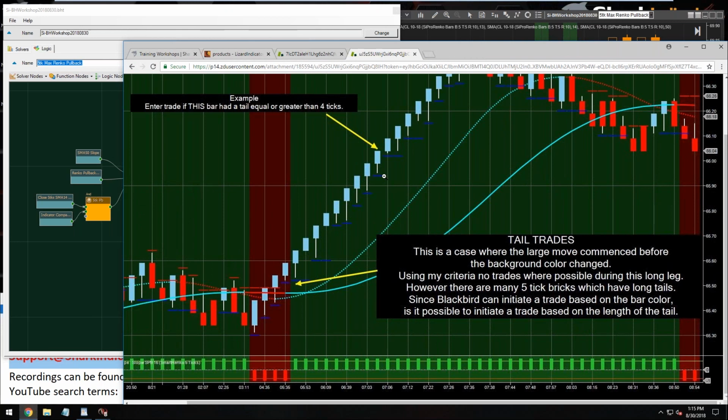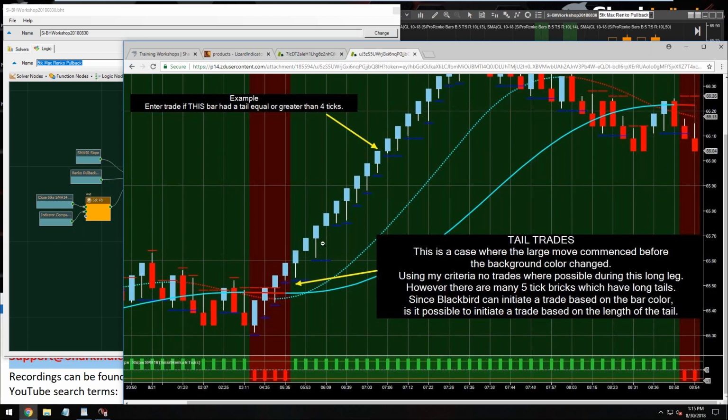So simply put, we're just looking for tails on these Renko bars, or wicks on these Renko bars here. Also, assuming here, correct me if I'm wrong, David. Let's see. Yeah, David's still in the room. Good. That this tail trader is filtered using the same slower moving average.